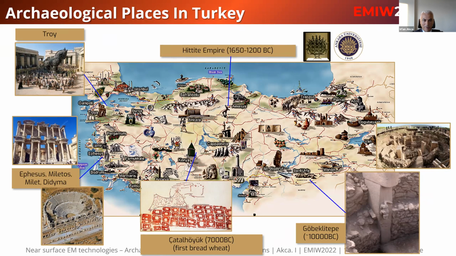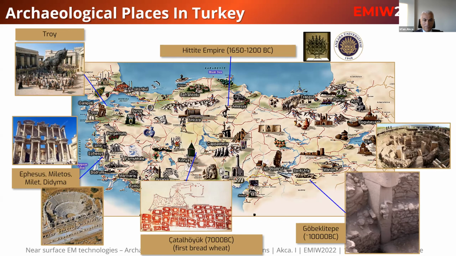So there are very attractive locations in Turkey also, which are very famous in the world also. One of them is the Göbekli Tepe, which was discovered in last decade, and it's changed the history of the human we know about the development of the humankind.